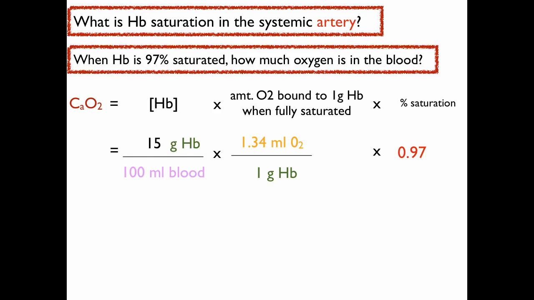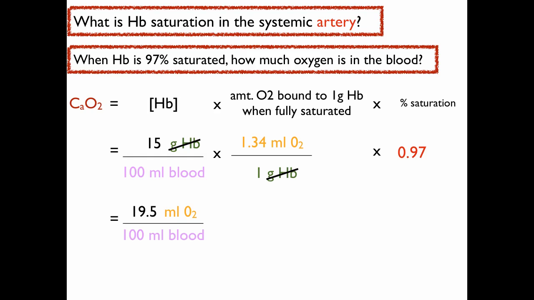If we now look for units to cancel out, in this circumstance, grams of hemoglobin cancel each other out. So our answer is going to be in milliliters of oxygen per 100 milliliters of blood, which is exactly what we wanted to find out. So we'll multiply 15 by 1.34 and multiply that by 0.97.